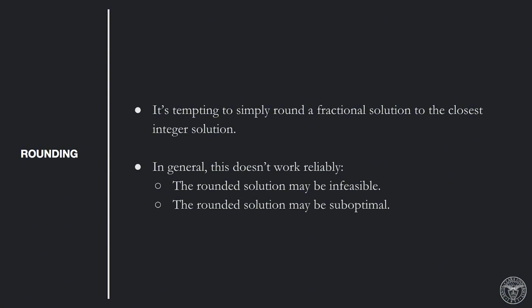But the problem is, in many cases, in general, this rounding approach does not work. There are two issues. One, the rounded solution might be infeasible, and even if it is feasible, it might not be optimal. And we have to overcome these two issues.